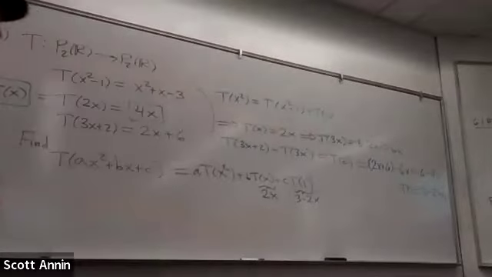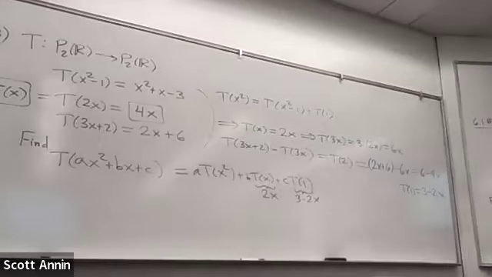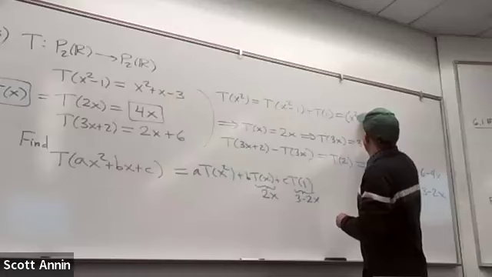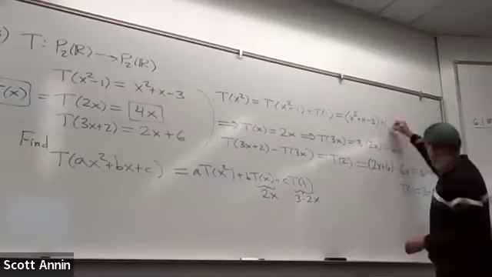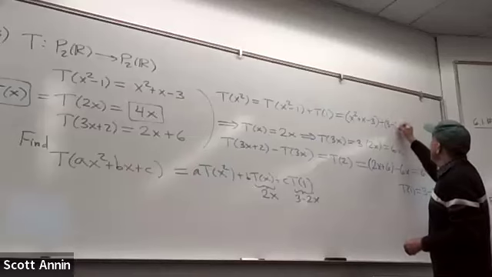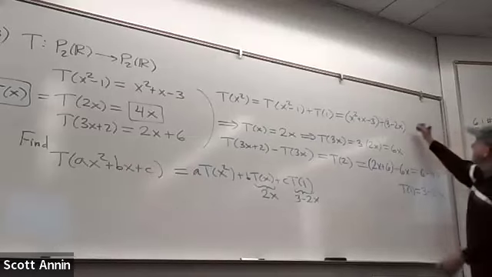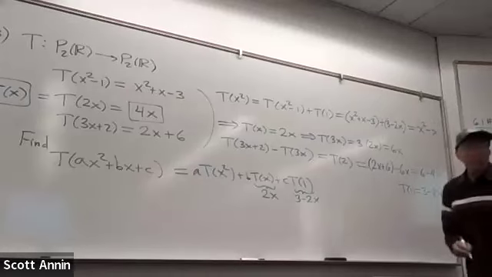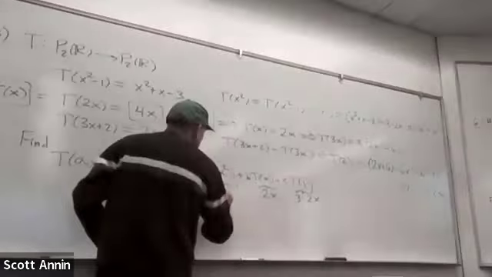T respects addition. So we could just literally write it like so. And I know what T of x squared minus 1 is. It was given as x squared plus x minus 3. We now know that T of 1 is 3 minus 2x. I can use that information. And if I just add all of that together, I'm going to get x squared minus x. And so that is what would be going in for T of x squared.